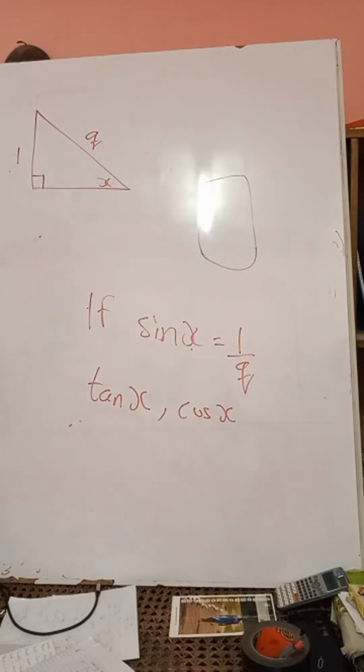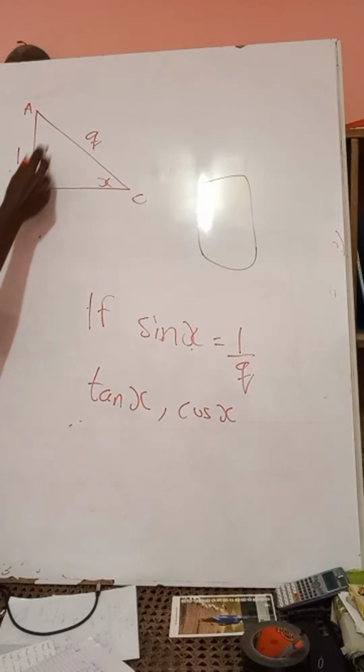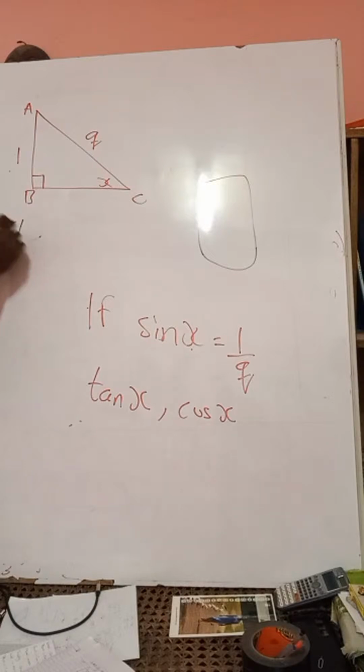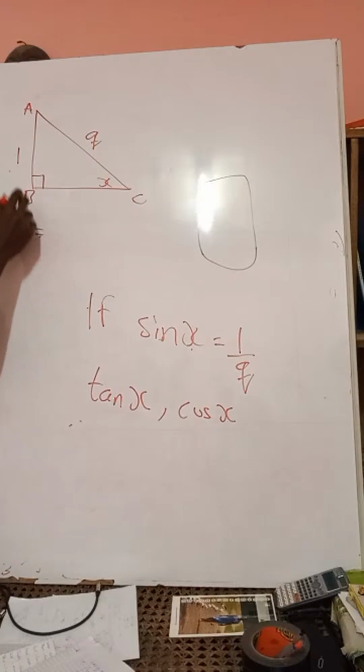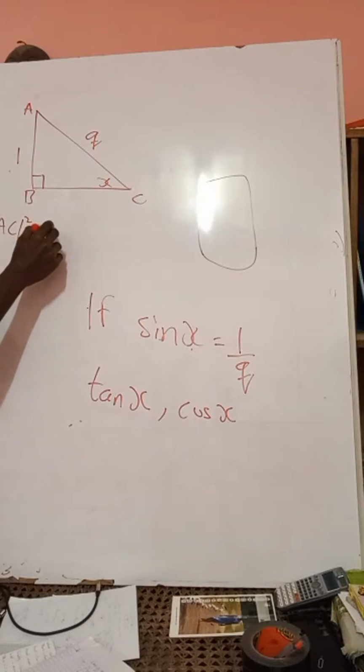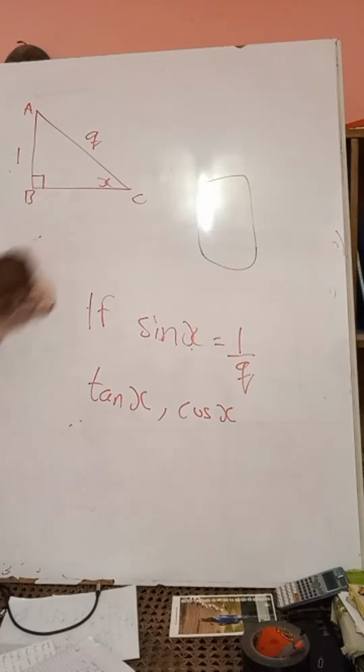After having this, then you find this side. How are you going to get this side? So let's use variables to represent. Here is A, here is B, here is C. We are finding BC.